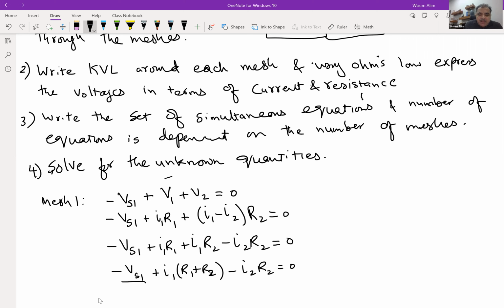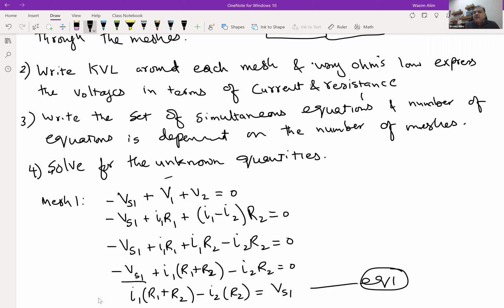What I will have left is I1 (R1 plus R2) minus I2 R2 is equal to, then the sign becomes positive on the other side, VS1. So this is the acceptable equation form. At this point, for reference, I can assign an equation number to that. It's going to be equation number 1.